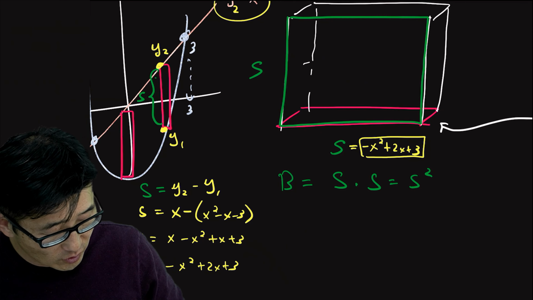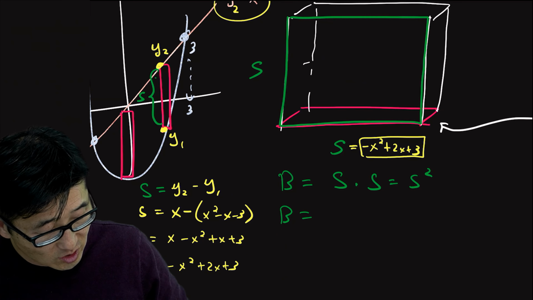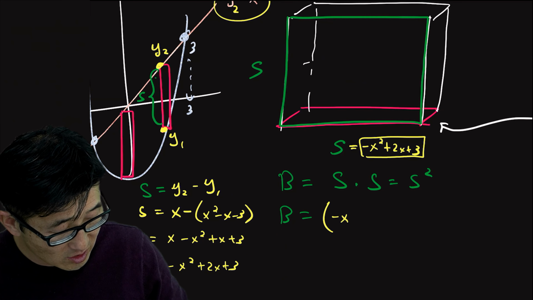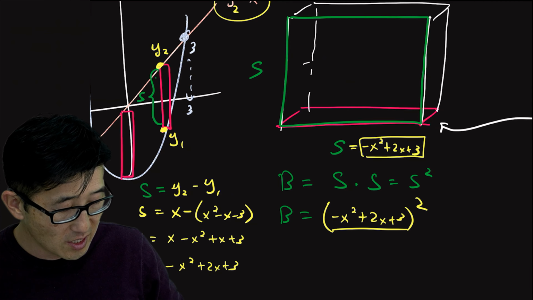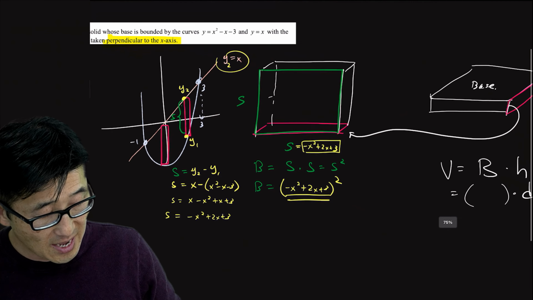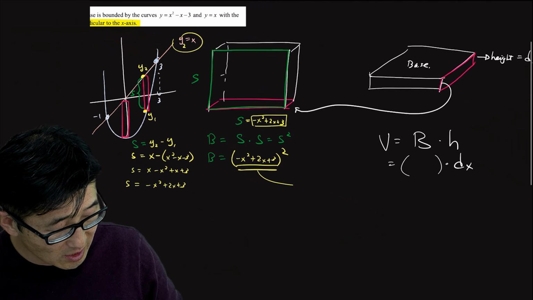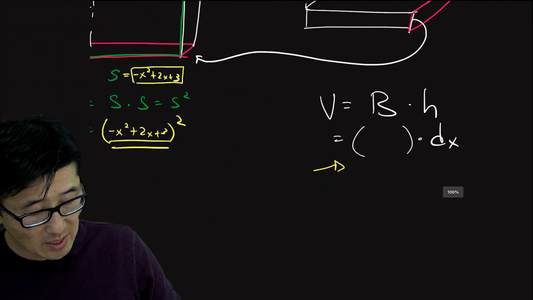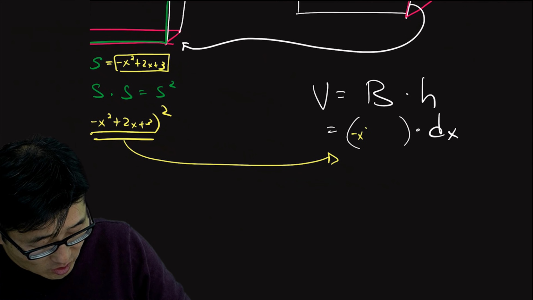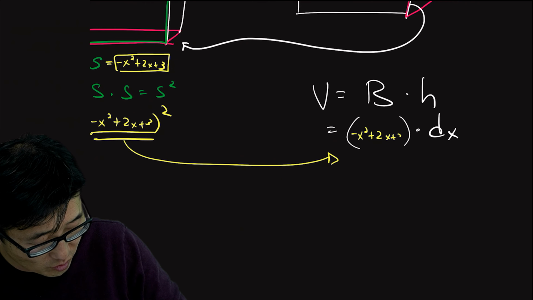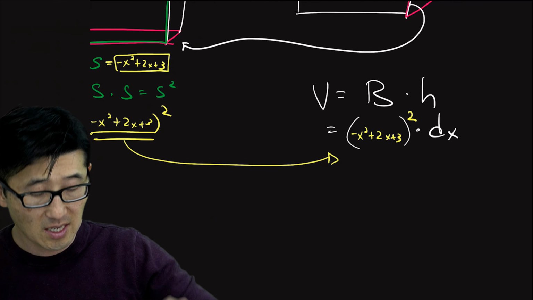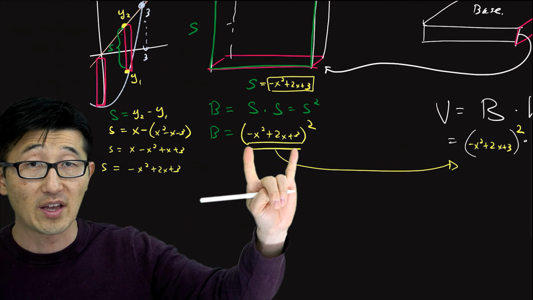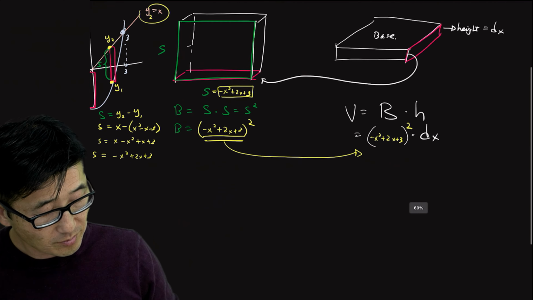So our equation for the area of the base is s squared, which is negative x squared plus 2x plus 3, squared. So this is my base. Now don't forget the squared because it's area. It's all of that squared.